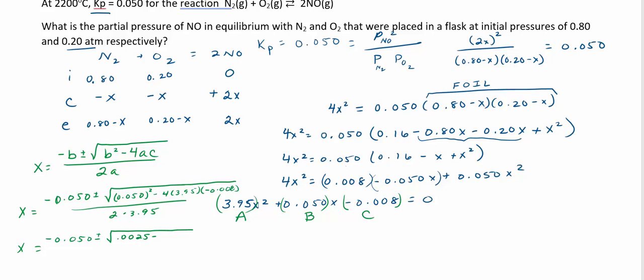I added instead. Now my number makes more sense. So I'm going to subtract, don't drop this negative, a negative 0.1264. And all of that is going to be over 2 times 3.95, which is 7.90.